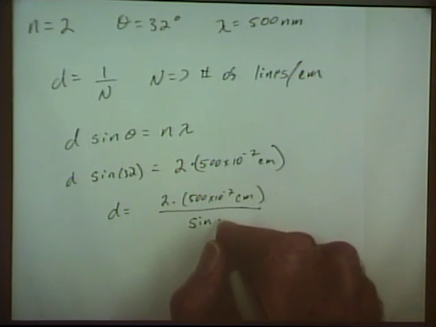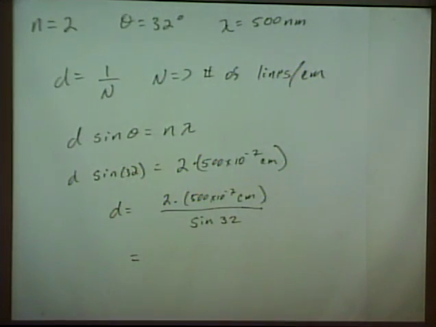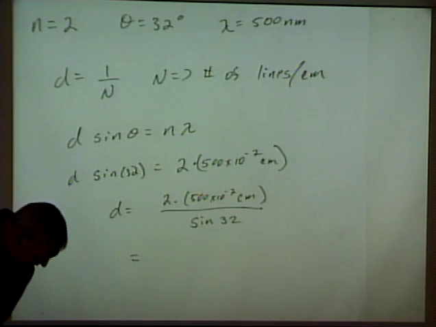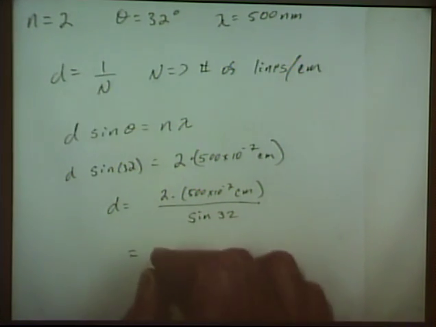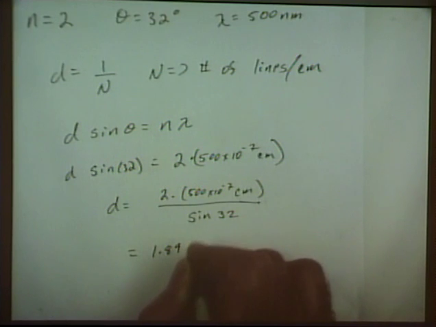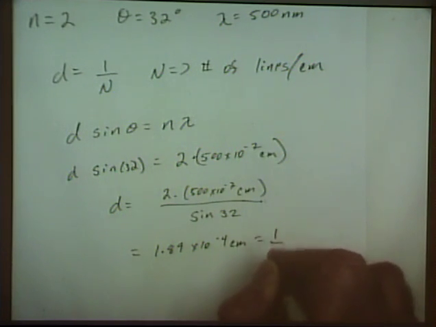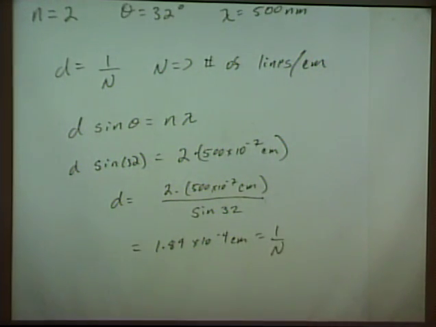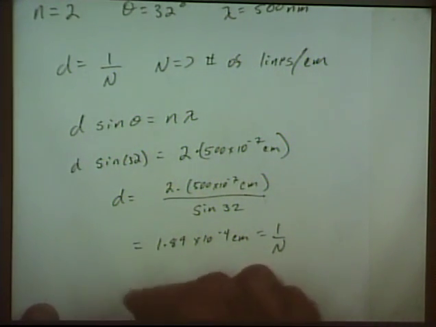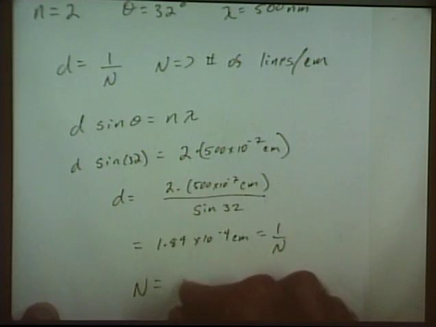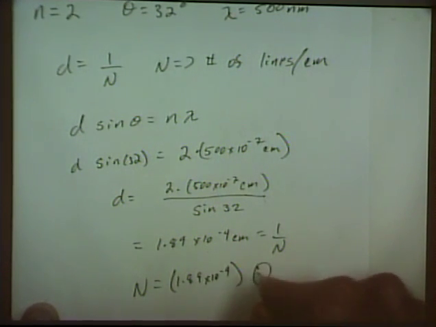And that comes out to be a small number, 1.89 times 10 to the negative 4 centimeters, which equals 1 over n. So if I want the number of lines per centimeter on this diffraction grating, I hit my good old x to the negative 1 key.